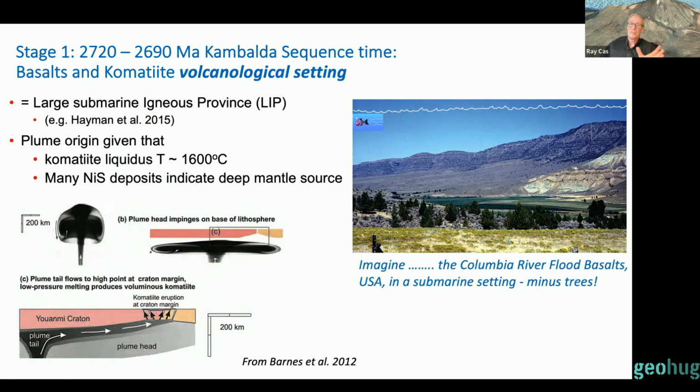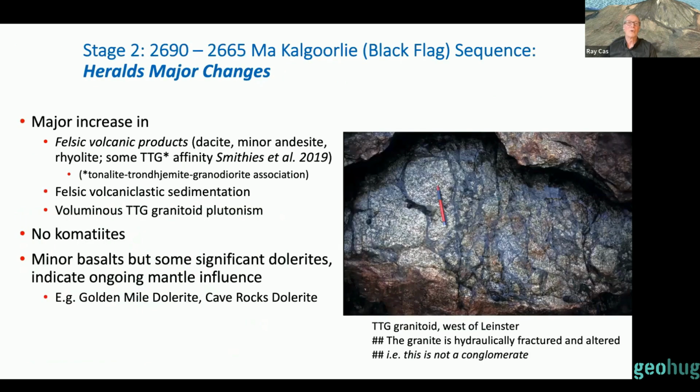These are about 14, 15, 20 million years old. You can see that they're made up of just these stacked sheets of basaltic lavas, in this case, no Komatiites, but let's put them underwater, take the trees away, and that's basically what the seafloor would have looked like during the Archean in the Kalgoorlie Terrane.